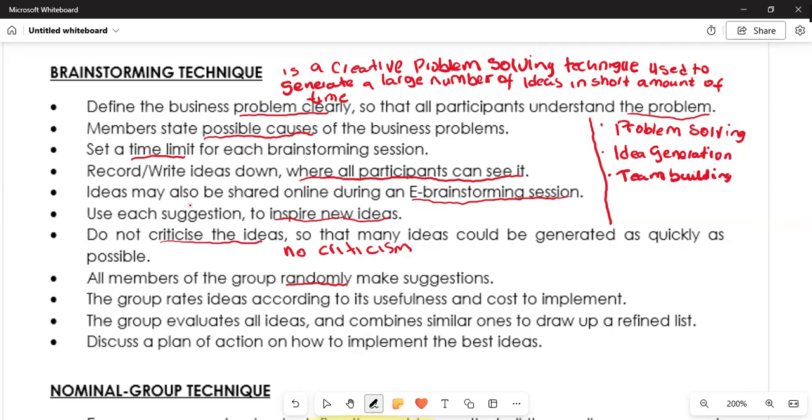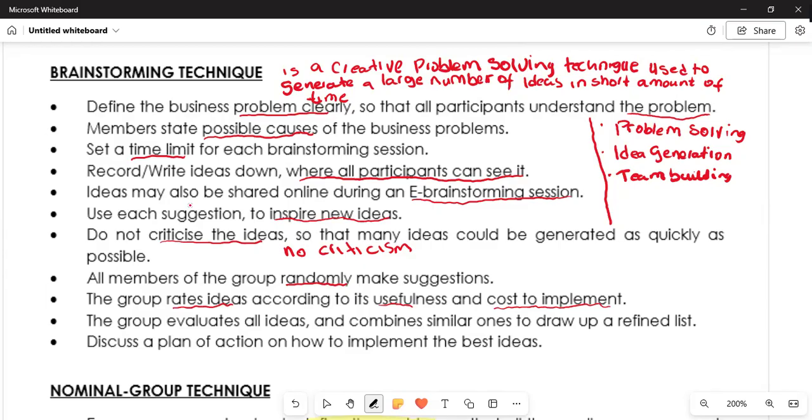The group rates ideas according to their usefulness and cost to implement. They rate the ideas according to how useful they are and how much it is going to cost to implement them. Very important.